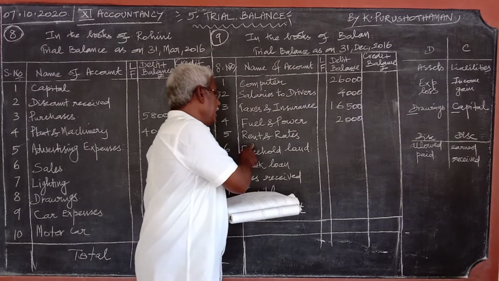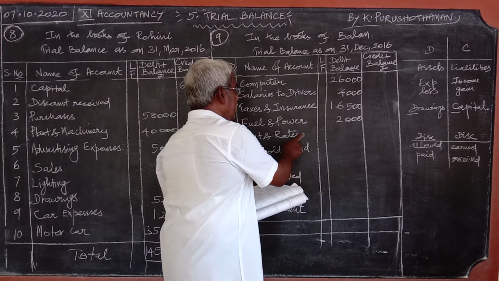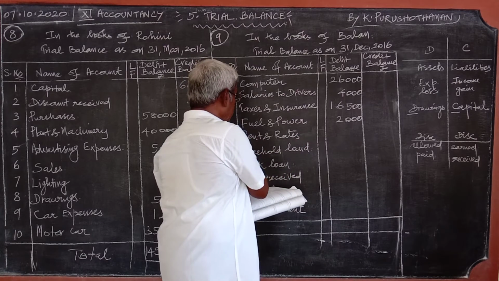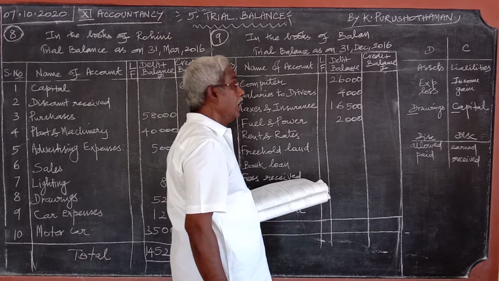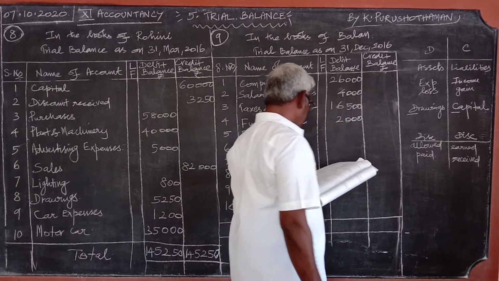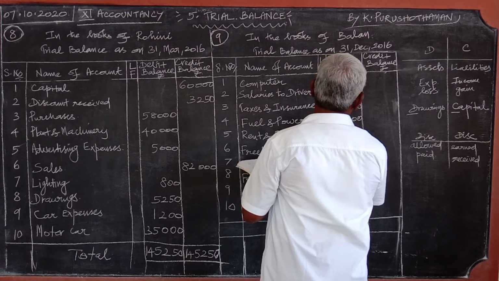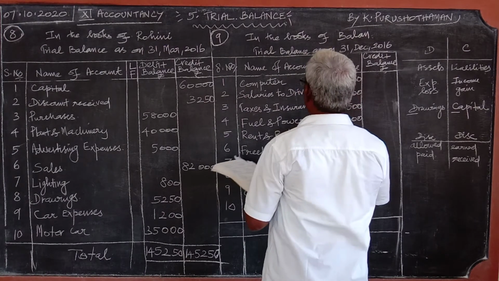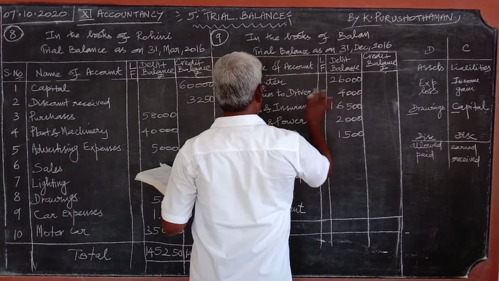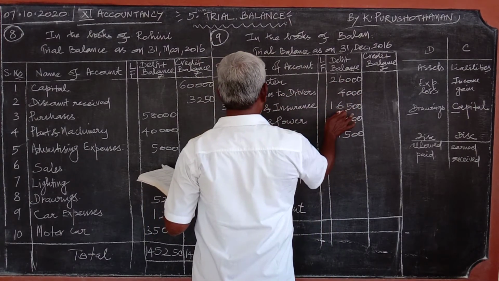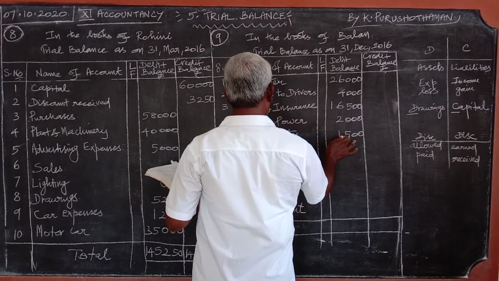Here it is paid rent, because if no other word is given, only rent, it means rent paid, rates paid. Okay, then rent and rates 1,500, it is an expense. So up to this, computer asset debit, salaries expense debit, tax and insurance expense debit, fuel and power expense debit, rent and rates expense debit.